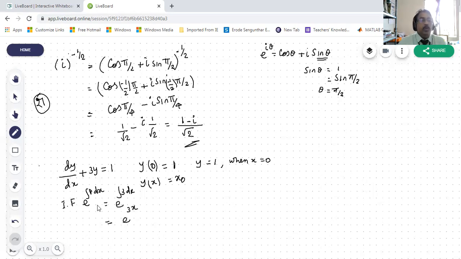This is the 26th question. It is linear in y.